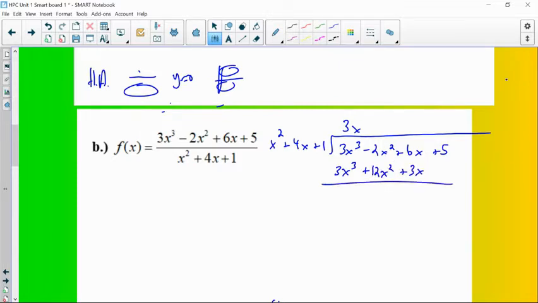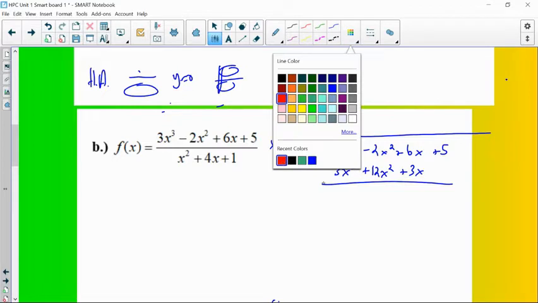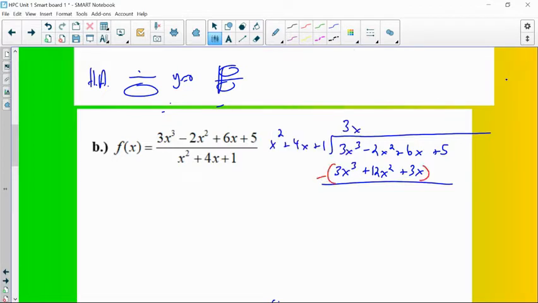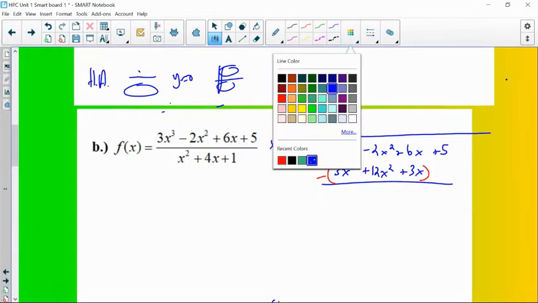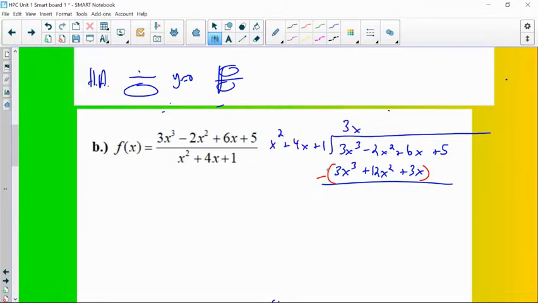Now, remember, we subtract. And I want that to cancel, so 3 minus 3 is 0. That's the whole point. Negative 2 minus 12 is negative 14x squared. 6 minus 3 is 3. And then bring down your 5, so plus 5. And then we repeat.